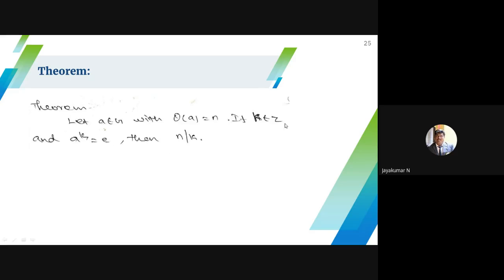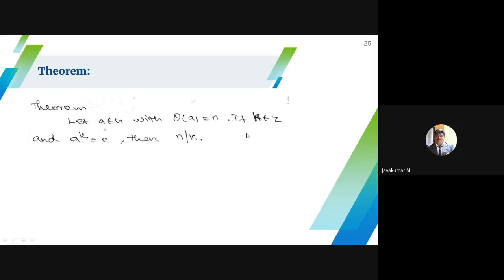So that means the order of an element is the least power of A such that the answer is E. The meaning of the theorem is that A power something is E. We know that. So order of A is n means n is the least power such that A power n is E.